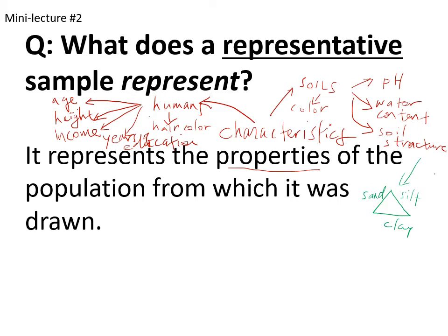So I guess the subtext here is that when you are getting a representative sample, you want to think about whether your data are primarily what are called interval or ratio level measures, or nominal or ordinal level measures. And we'll talk about what that means later, I think next week.